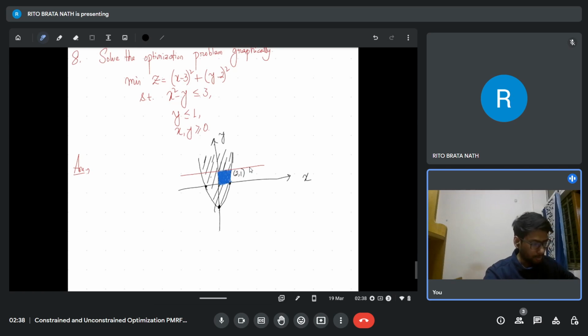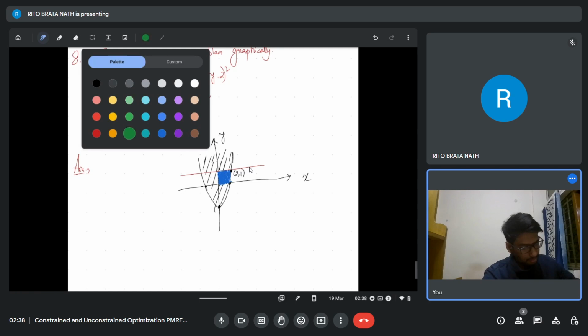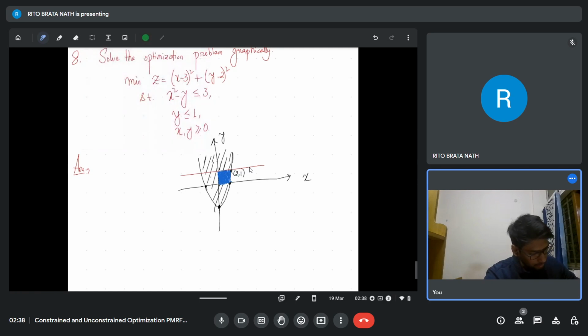So the circle which touches this point should be giving you the minimum value, because otherwise you could have expanded the circle and increased your objective function value. But here, your circle will be something like this.